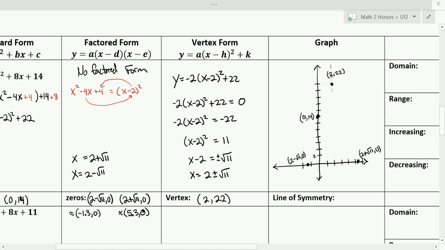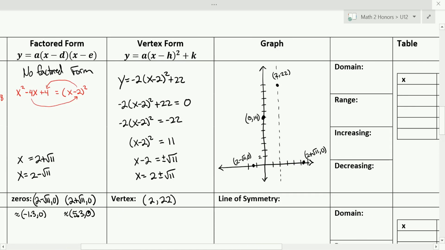Need one more point. What would that be? If we reflect our y-intercept across the axis of symmetry, or line of symmetry: 4, 14.